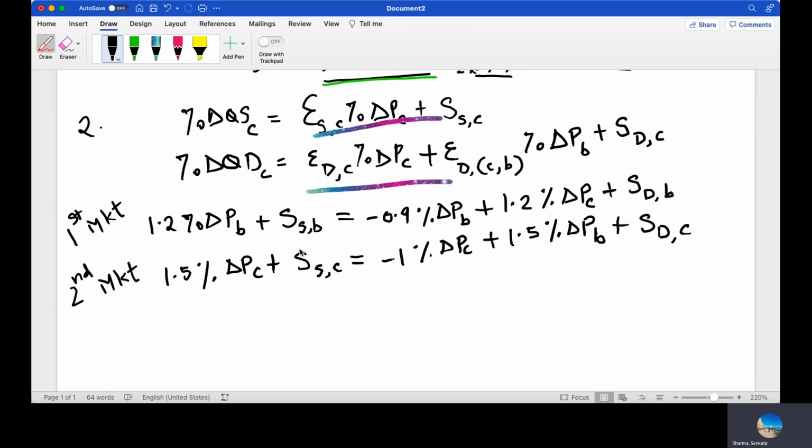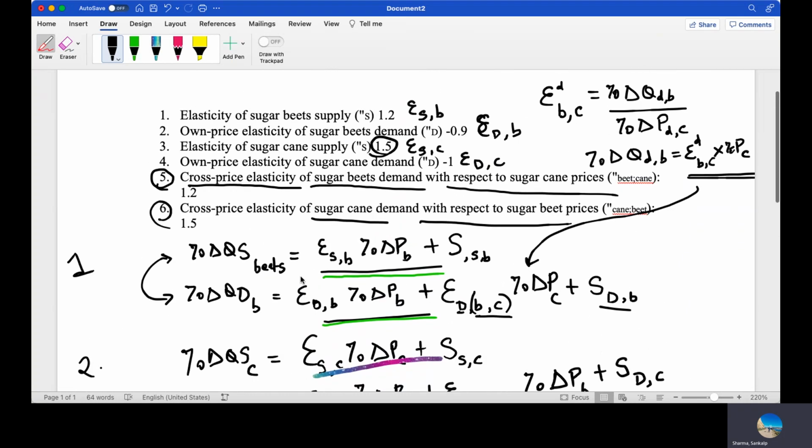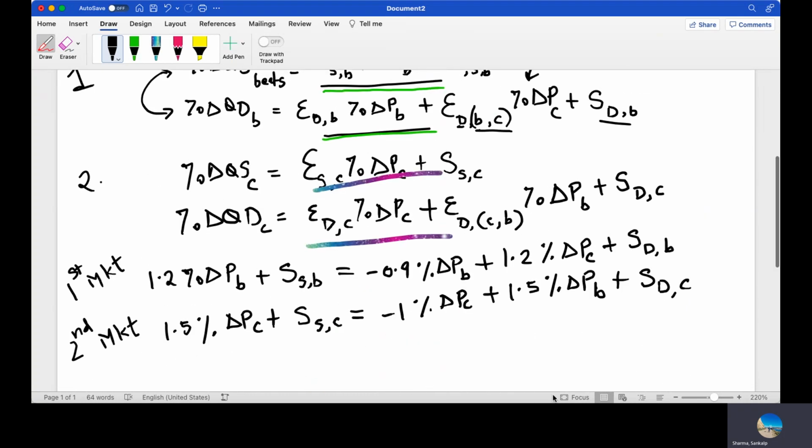The one thing that you may ask yourself now is, wait, what about these supply shocks and demand shocks? What's going on with these? Well, again, now you have to just look at the question. What was the question originally asking you? So I'm going to switch back to my PDF for a second.